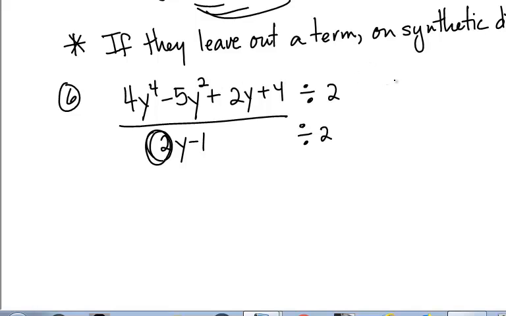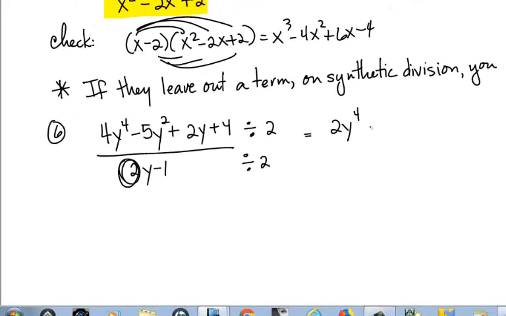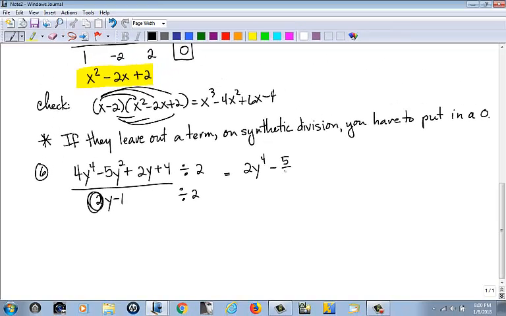So divide every term: you'd have 2y to the fourth minus 5 halves y squared plus y plus 2, and divide this by 2, every term would be y minus a half. Now we're going to do synthetic division. So the coefficients would be 2. Now there is no y cubed.